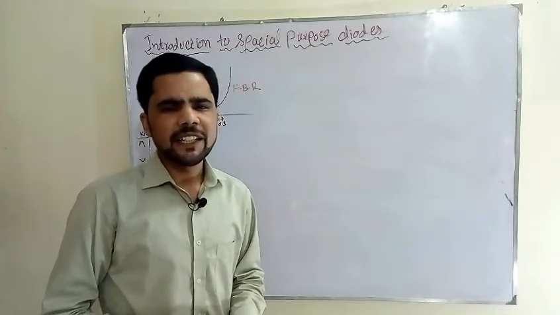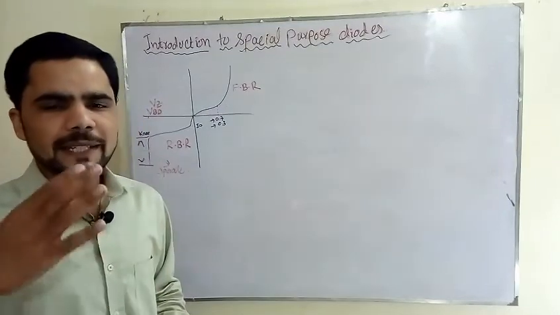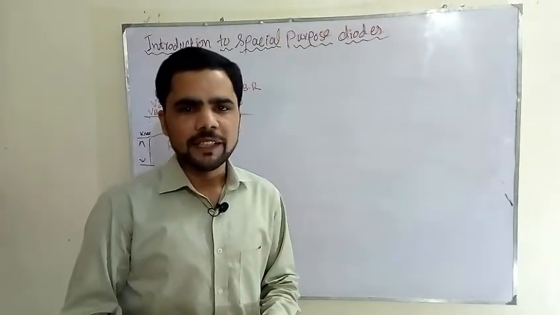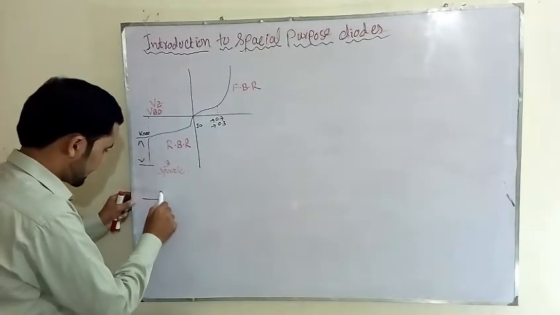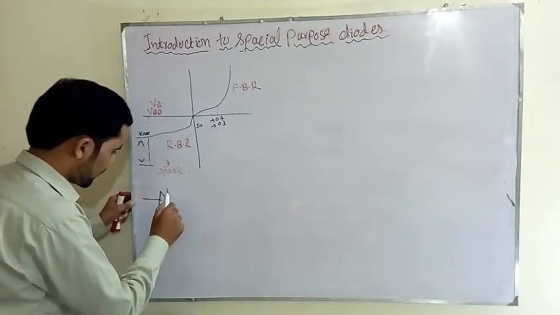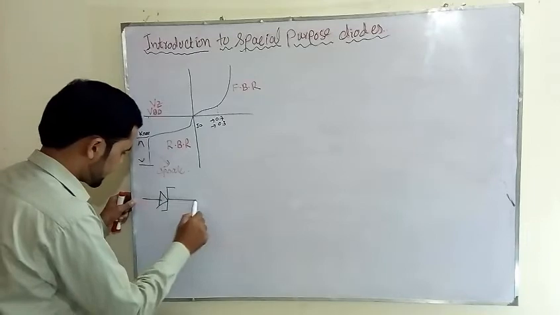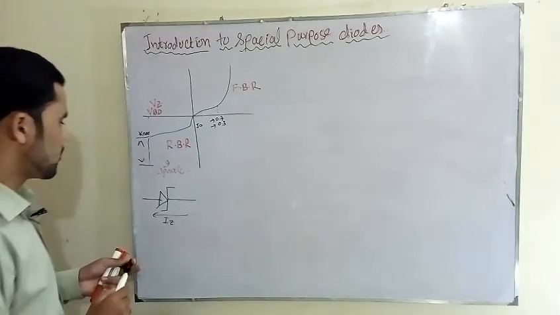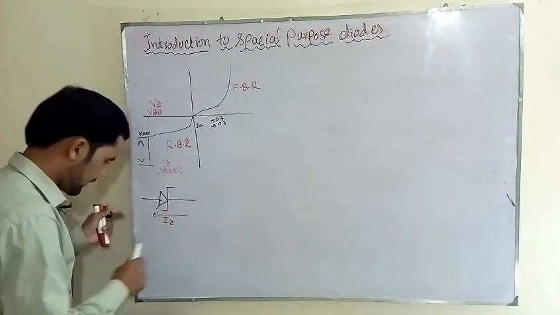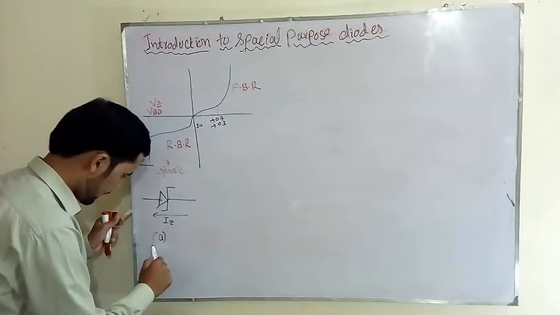Now let's see the basic equivalent circuit of the Zener diode. The basic symbol of the Zener diode is this, and current is flowing here.